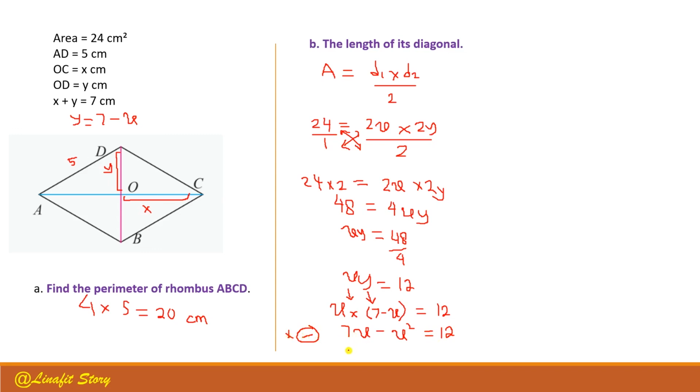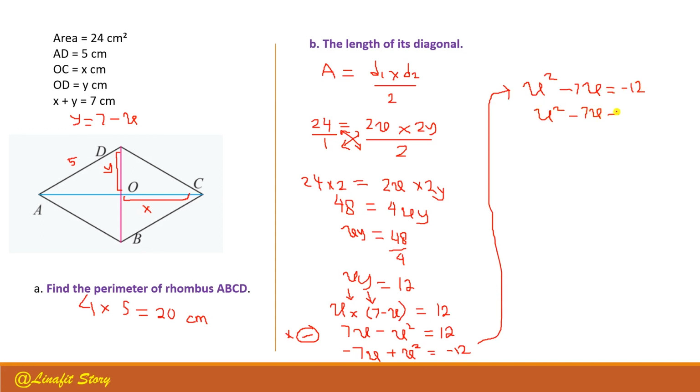Negative times 7x is negative 7x. Negative times negative x squared is positive x squared. Negative times 12 is negative 12. Then rearrange. So x squared minus 7x is equal to negative 12. x squared minus 7x plus 12 is equal to 0.